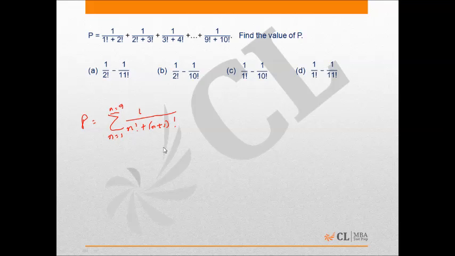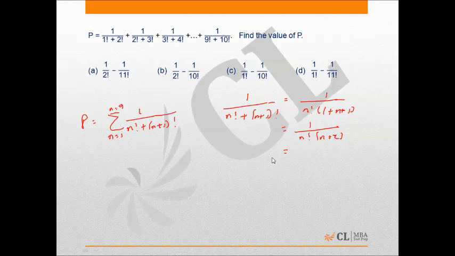So the nth term of P, that is what I have defined it as, is 1 upon n factorial plus n plus 1 factorial. So now if I take n factorial common, this becomes 1 plus n plus 1, that is 1 upon n factorial into n plus 2.